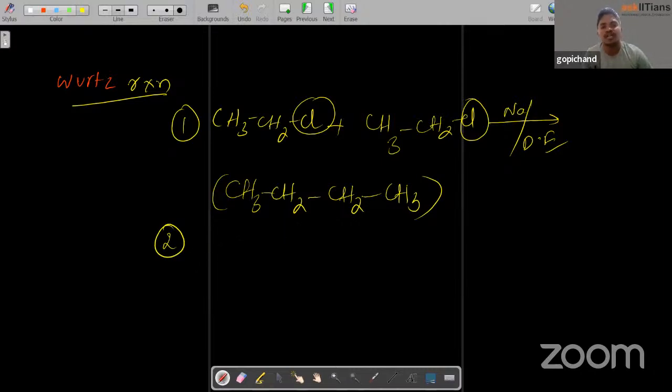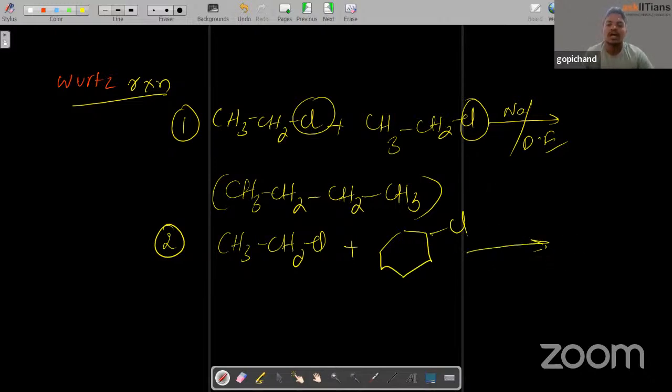Another one is the Wurtz-Fittig reaction. What is the Wurtz-Fittig reaction? CH3CH2Cl, one alkyl halide, and another one will be any aryl halide, with halides on the ring. This is the Wurtz-Fittig reaction. The end product you can easily answer that.